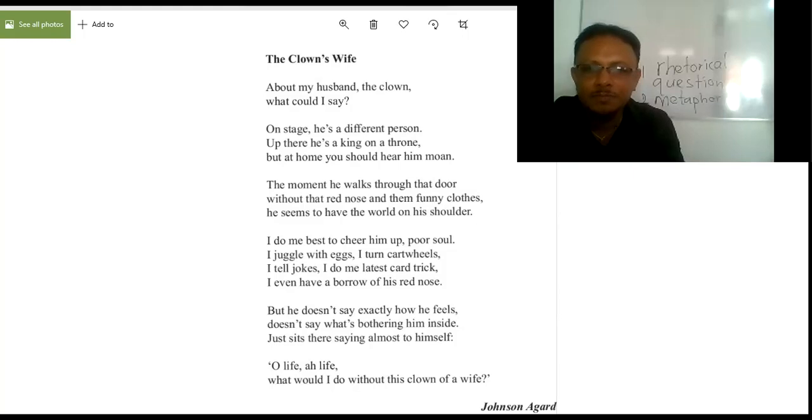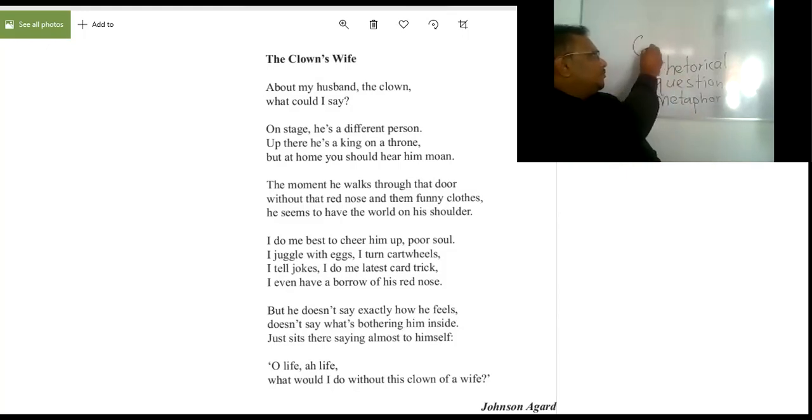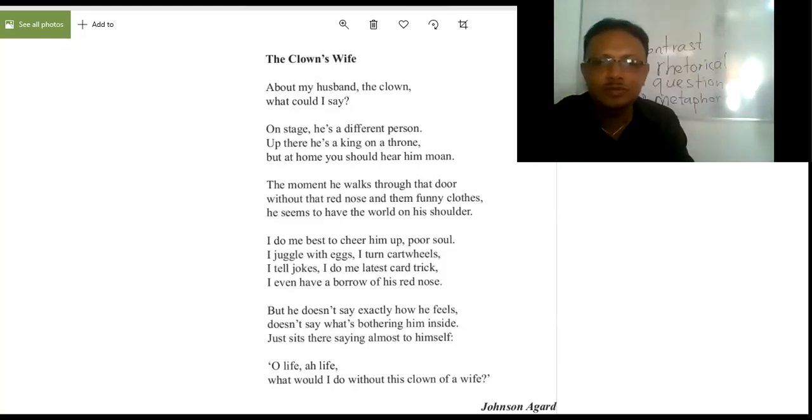He's the authority on stage, but "at home you should hear him moan." So this contrast shows another aspect of the life of the clown. Contrast is also a very effective technique used by the writer.